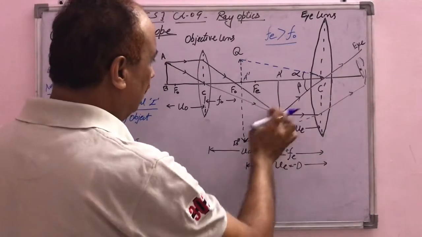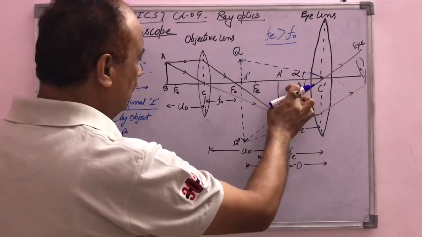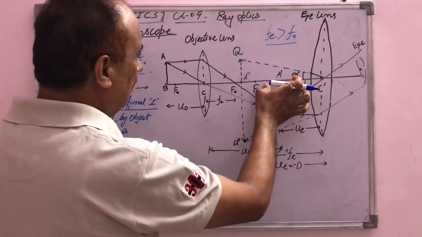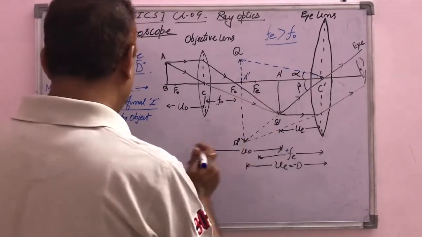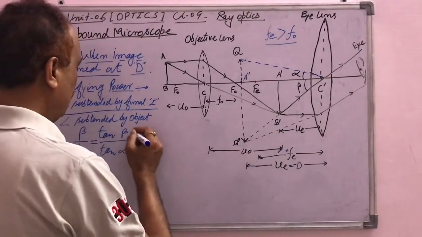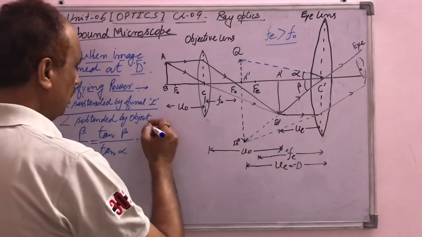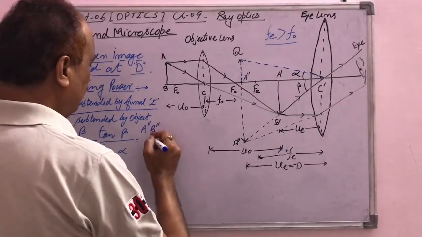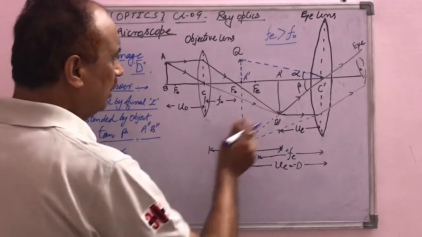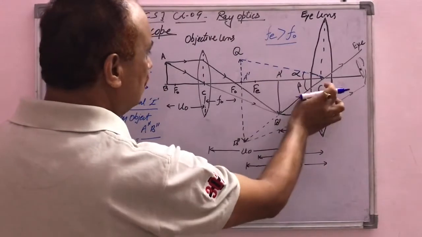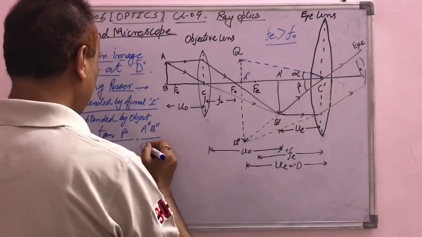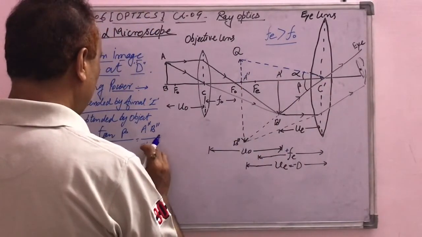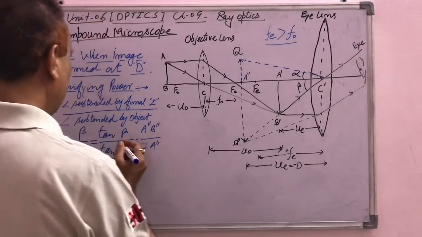In the big triangle, the value of tan beta is perpendicular divided by base. So tan beta is A double dash B double dash divided by the distance C dash A double dash.